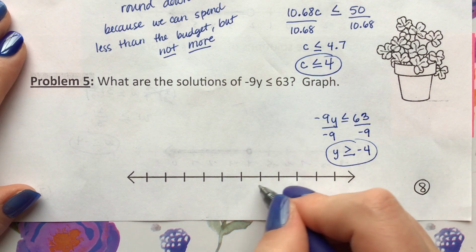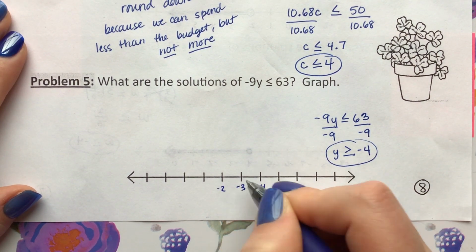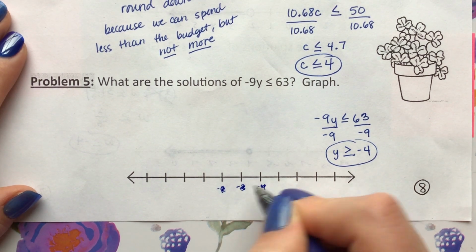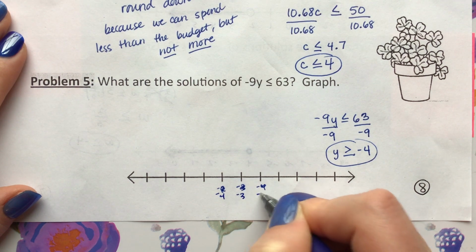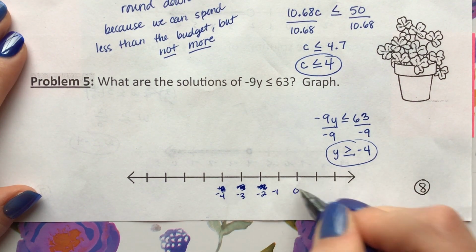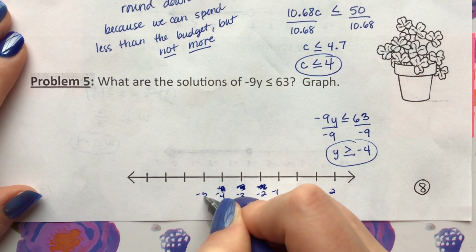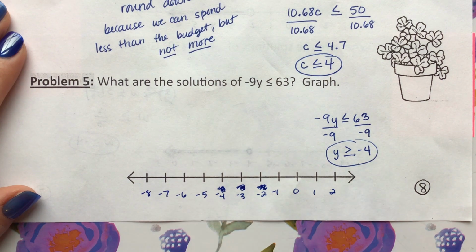Let's fill in our number line. Oh, I'm going the wrong way. And I'm going to go to the negative 4, put a circle on it.